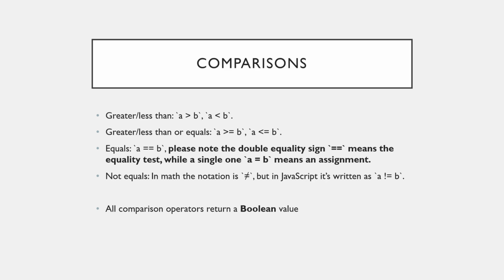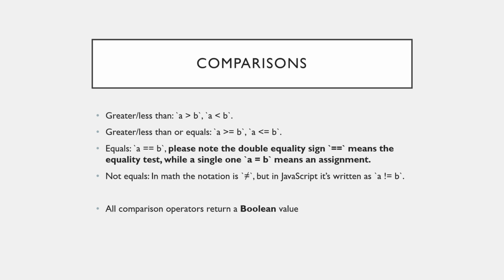We know many comparison operators from maths. In JavaScript, they're written like this. So greater or less than. It also has greater than or equal, less than or equal, with the equal sign. Then the equality, and please note that the double equal sign means the equality test, while a single one means an assignment, as we did previously with variables. So this is different. A single equal sign is assignment, a double equal sign is an equality test.